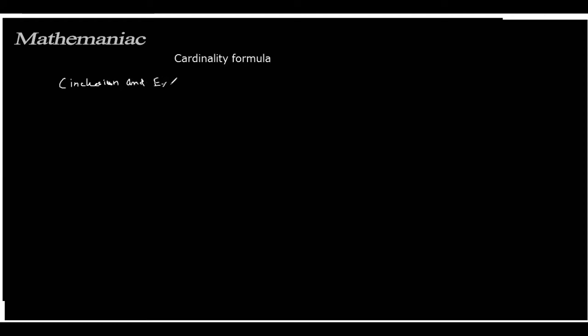We call it the inclusion and exclusion rule in a more general way. But in class 11, we call it the cardinality formula. So, what does that mean?